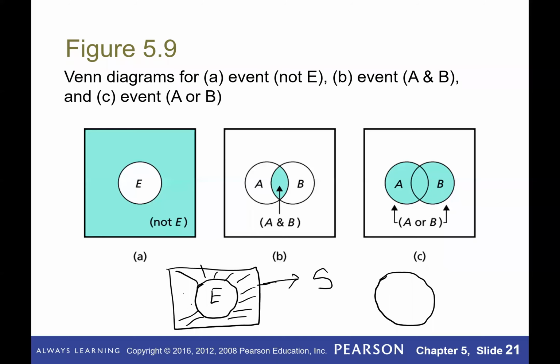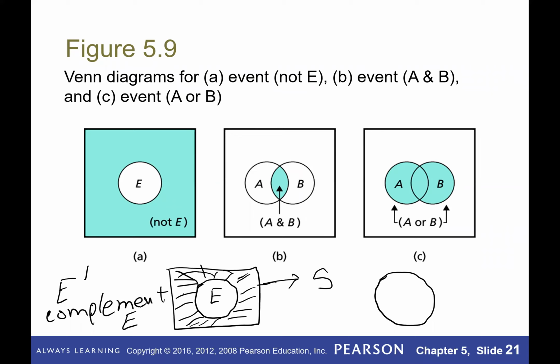So we are considering the event which is not E. This is called the complement of E, also denoted by E prime. That means all the elements in the sample space which are not in E.